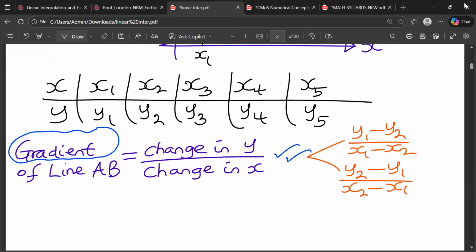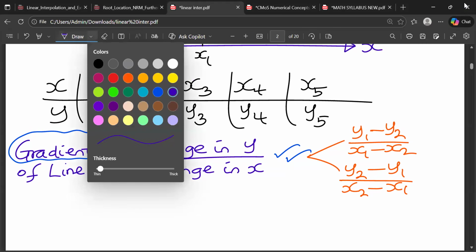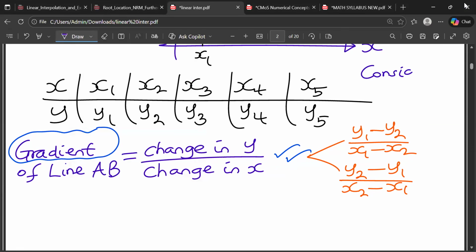If I'm to consider only two points, x1, y1, but you people, you've forgotten the basics I gave you, and I'm going to show you that you forgot. Let us first answer this question.